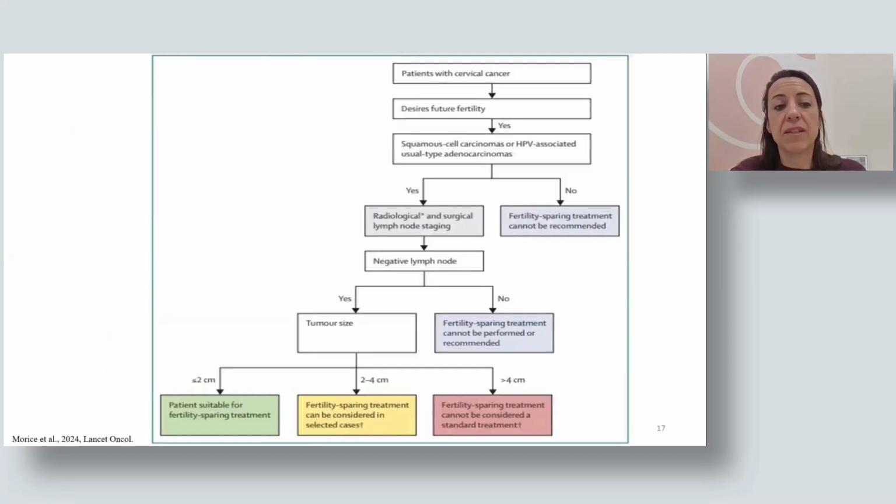According to the recently published guidelines, patients with cervical cancer with squamous cell carcinomas or HPV-associated usual type adenocarcinoma are candidates for fertility-sparing surgery when the lymph nodes are negative and the tumor size is equal to or less than 2 centimeters. For tumors between 2 and 4 centimeters, fertility-sparing treatment can be considered, but in selected cases.